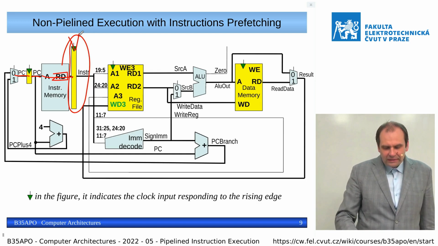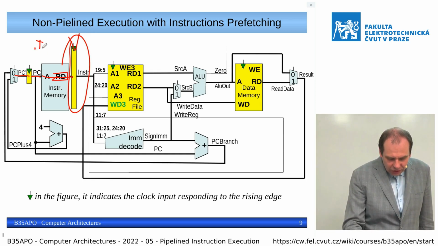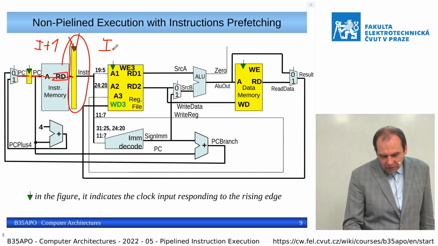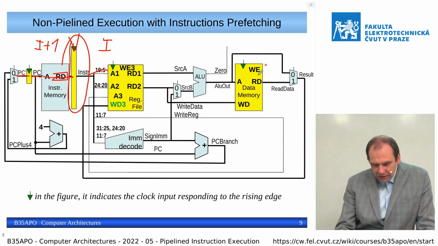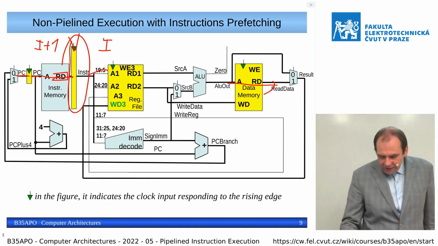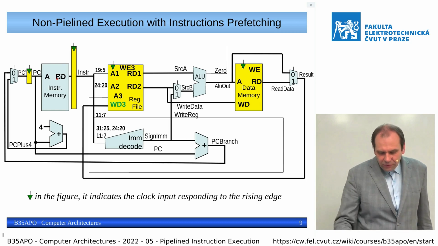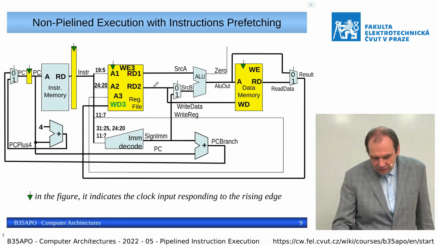And at the next clock cycle, we already start to read instruction I+1, but we execute the instruction I. So the previous instruction is now decoded, executed, and eventually reads data from the memory. So in this case, we do not need to fit into a single clock cycle 2 reads from the memory. Only the one, and in the next clock cycle, the other one.